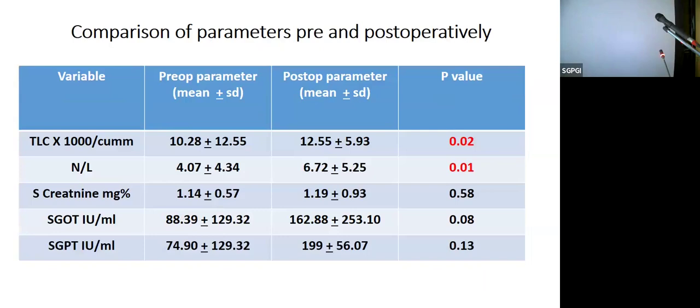Now, if I want to take some message out of the data, I have to process the data. So first, I tried finding out which parameters are significant out of all these parameters. So I compared them in pre-op and post-op groups. I found that TLC and neutrophil ratio are significant if I compare them as pre-op and post-op groups.